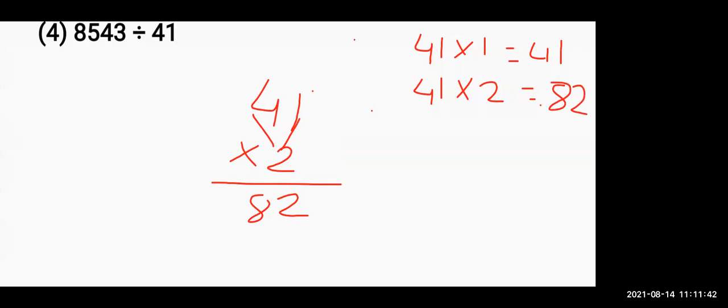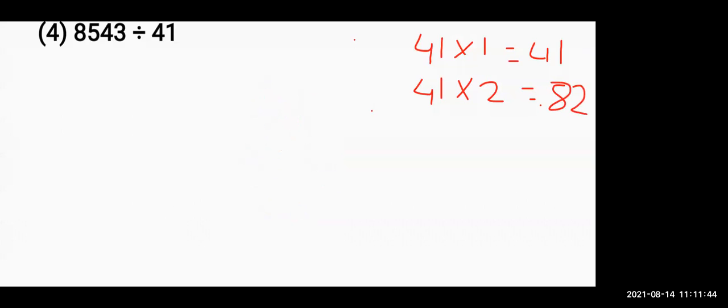Okay, teacher. Chalo, hurry up. Yes, 41 threes are. 1 3s are 3. 4 3s are 12. Very good. So it is 123. Okay.